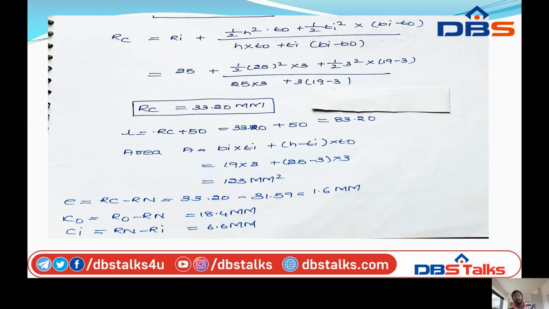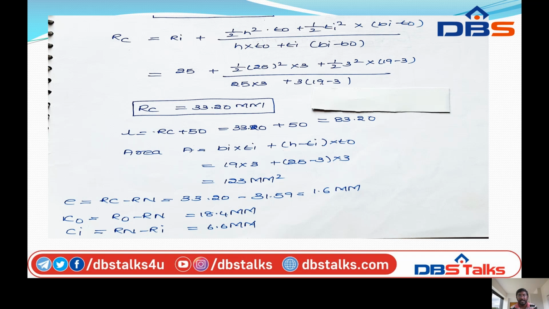So substitute the values: Ri 25 plus half into 25 square into 3 plus half into 3 square into 19 minus 3, divided by 25 into 3 plus 3 into 19 minus 3. So we can calculate, Rc is equal to 33.20 mm.